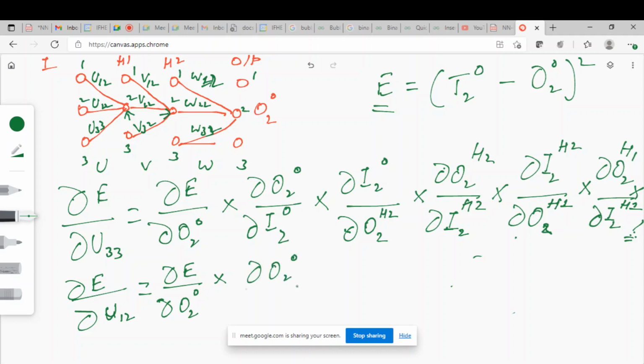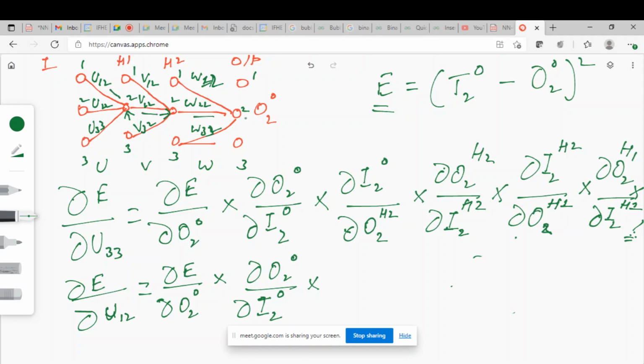So input I2O, then wait. First let us see whether any neurons or links are missing. This is U12, so U12 is connected here. For U12 itself there will be many paths, but let us assume we take this path.